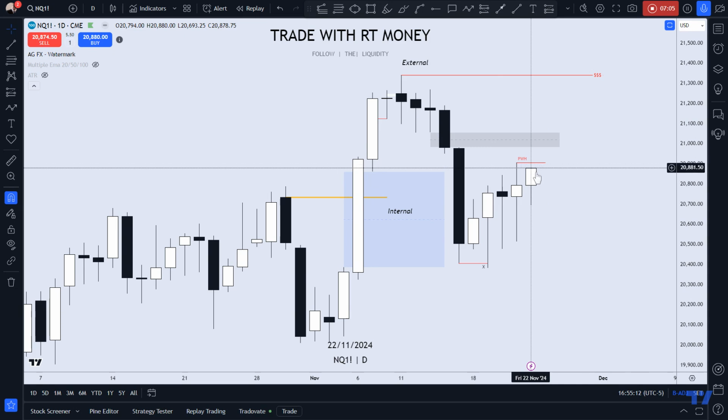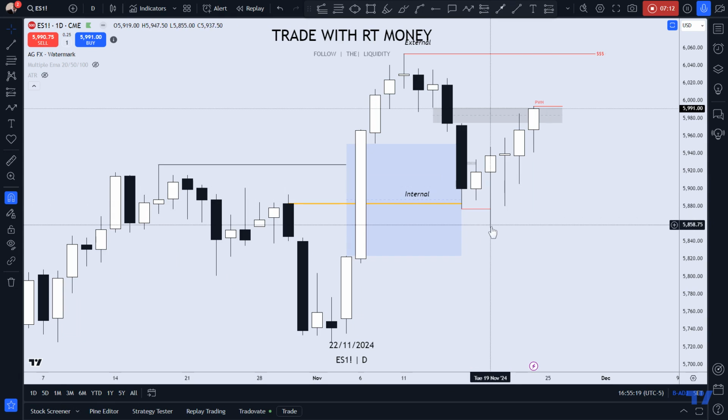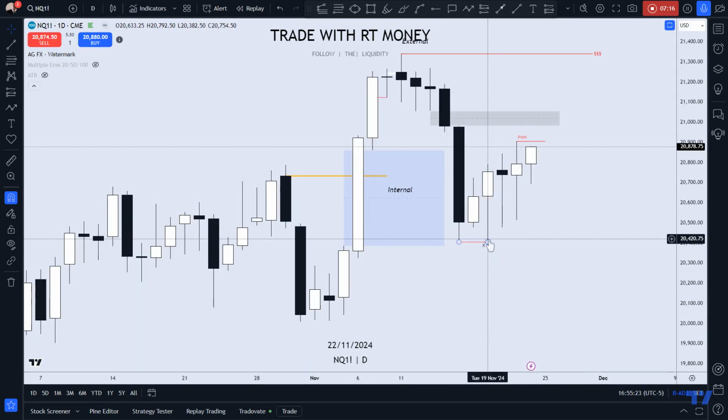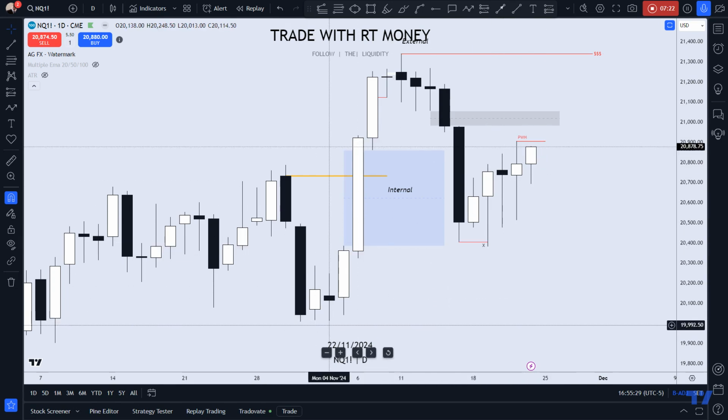Now, if price should find its way to take out these lows and also take out that low in the S&P with the NASDAQ, if we get a close below that low, then we're coming to these lows.